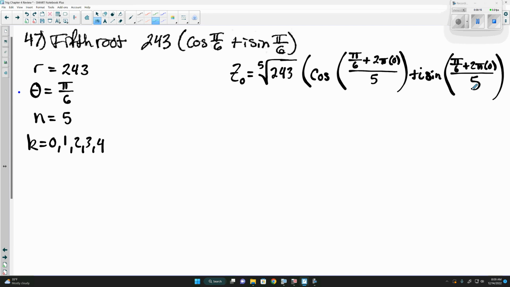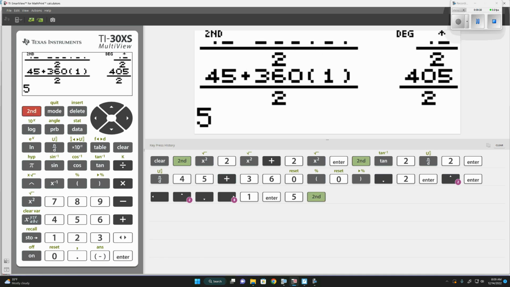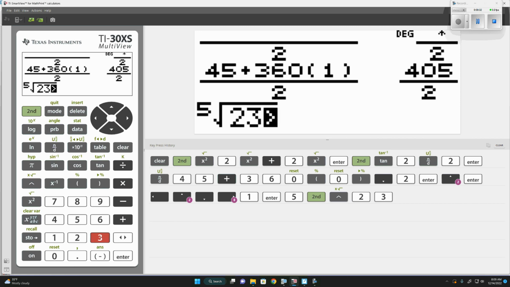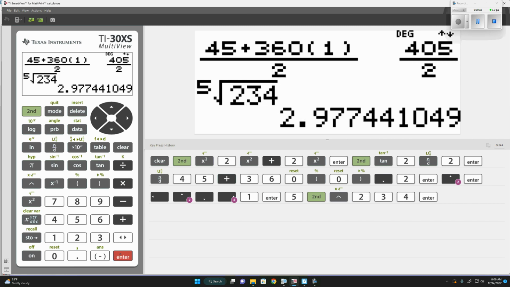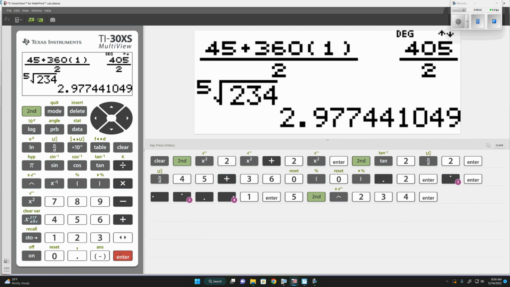Now with this here, since we're dealing with pi, our radians, we're going to use 2 pi instead of 360. Now we can look at this here, so the fifth root of 243. That's unfortunate. Make sure, 243. We're taking the fifth root.